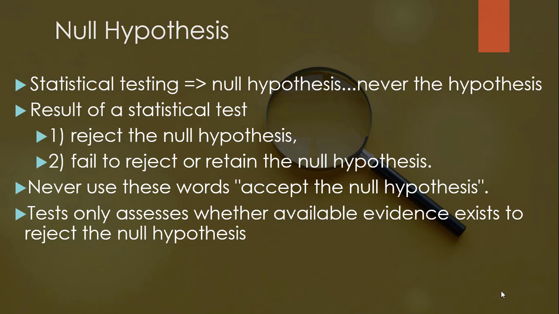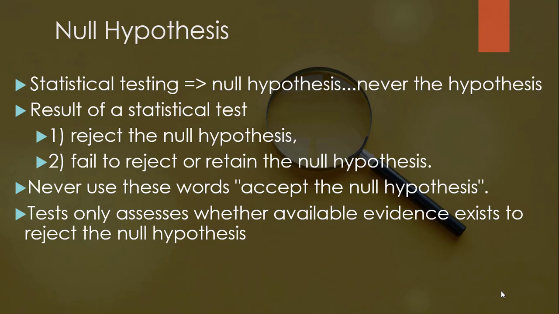Let me go over that again. If we reject the null hypothesis, then we are going to retain the alternative hypothesis. The null says there is no, the alternative said there is. So if we reject the null, which states that there is no, then we are going to retain the alternative hypothesis, which states that there is.